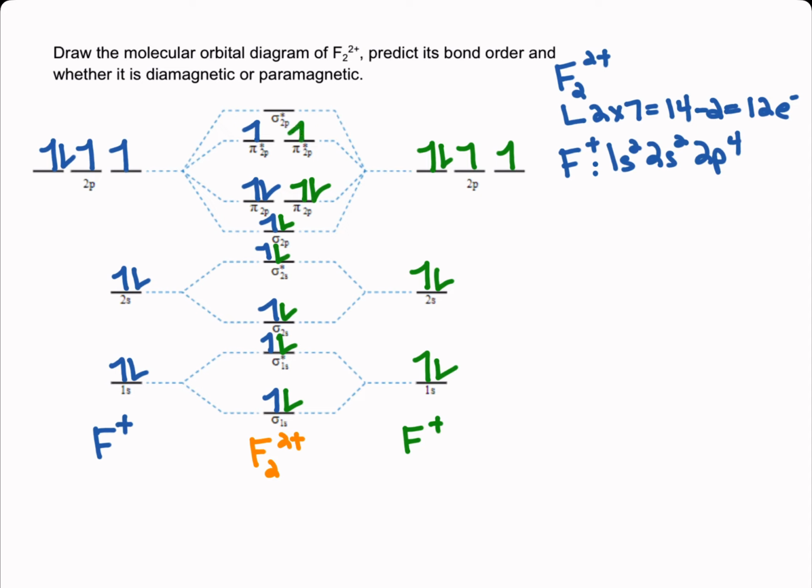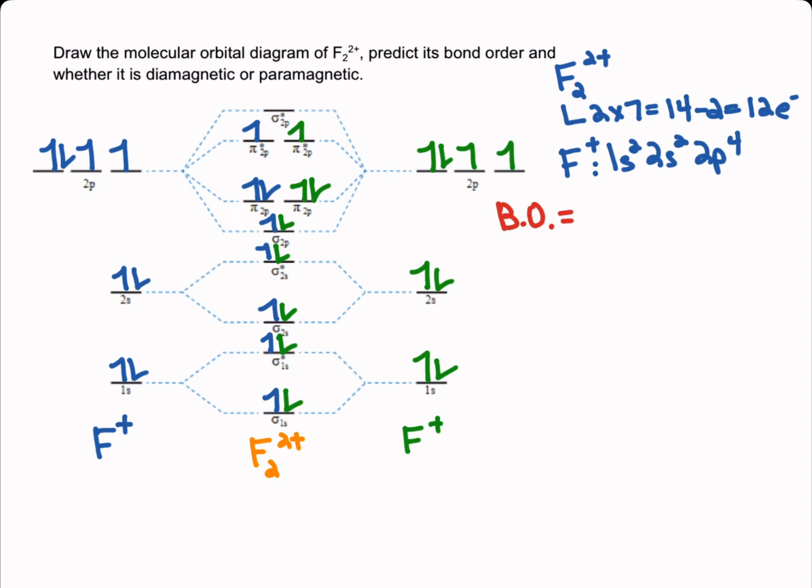All right, so the middle should show 16 electrons. So let's see if we have 16. 2, 4, 6, 8, 10, 12, 14, 16. So I'm ready for my bond order.